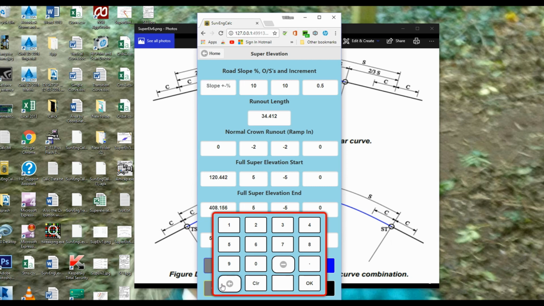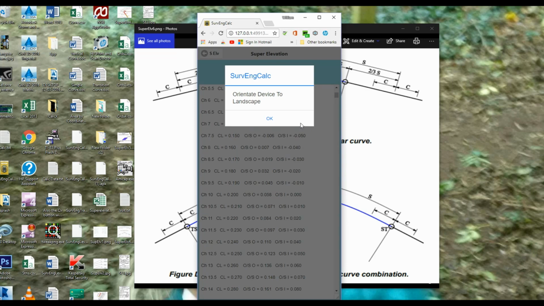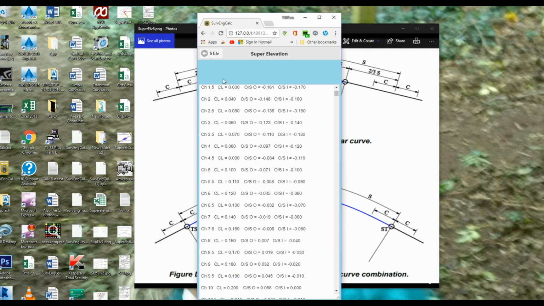Say, for instance, we put 2% there, put 2 there. But just make sure you click down in these boxes just to change the levels, and then you can do a calc again. And it's going to do 0.5 because I forgot to change that. But there you go. That's at 0.5, but that's with a 2% incline all the way through.